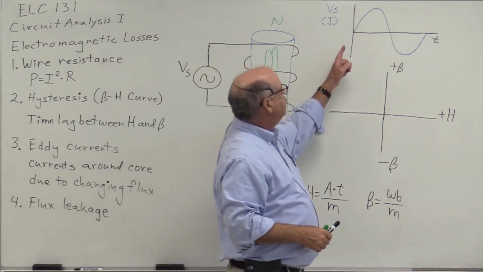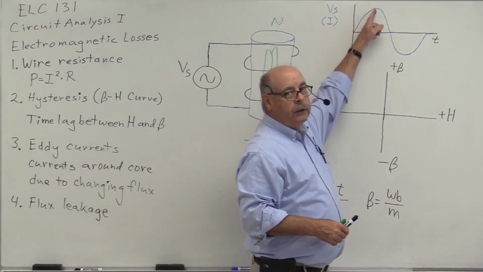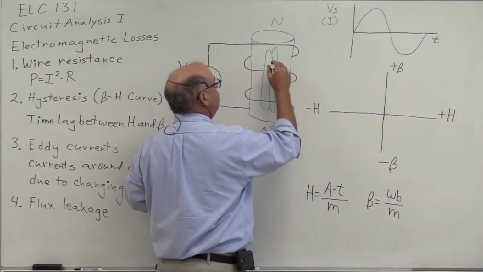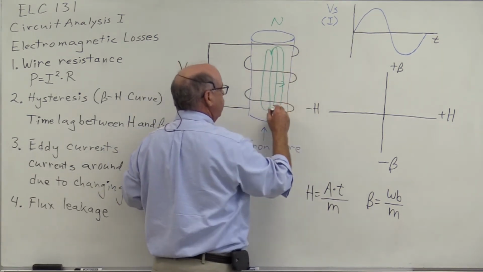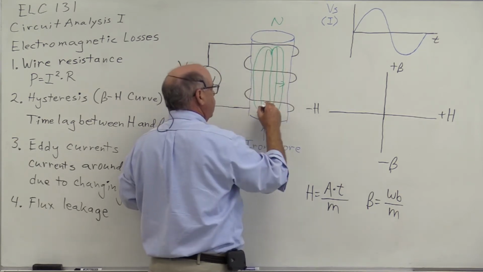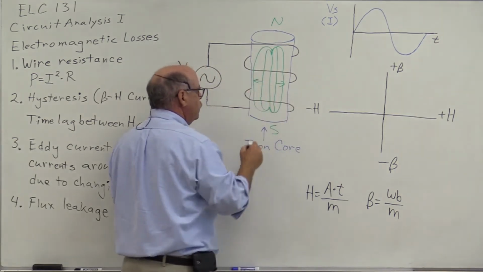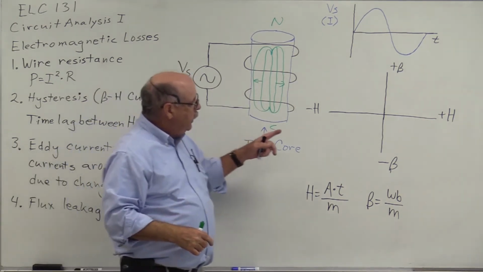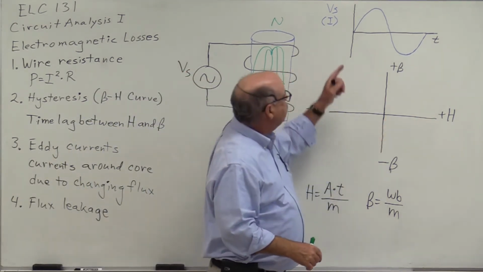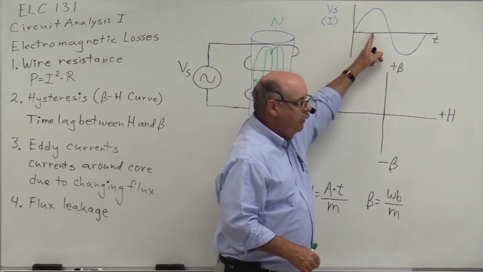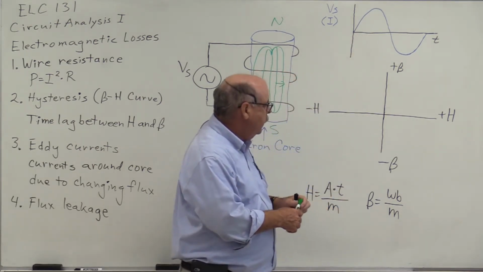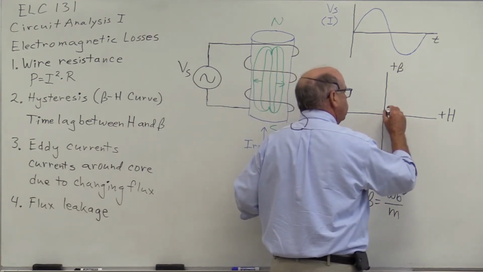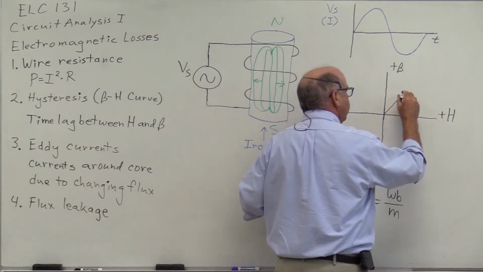Now, as this source voltage and current increase, this magnetic field is going to expand. So as current increases in the positive direction from here to here, we'll see that the flux will increase also in a linear fashion.